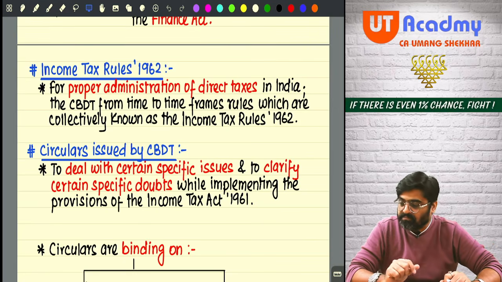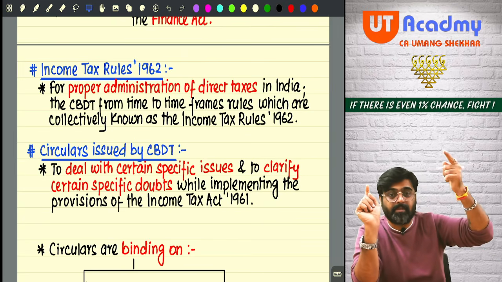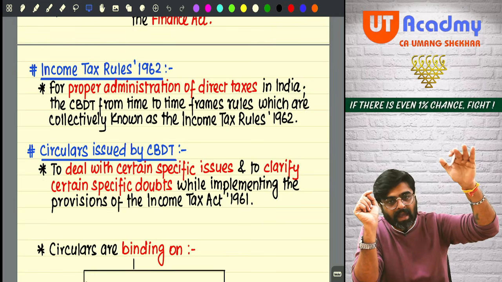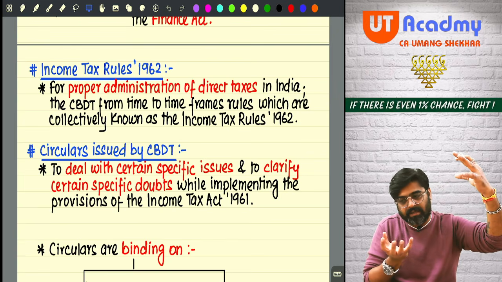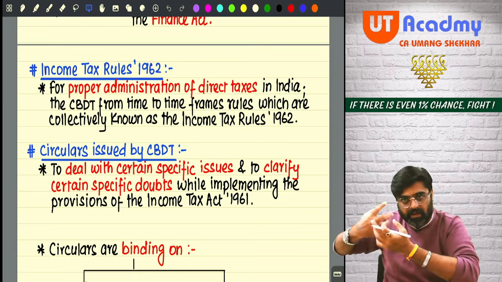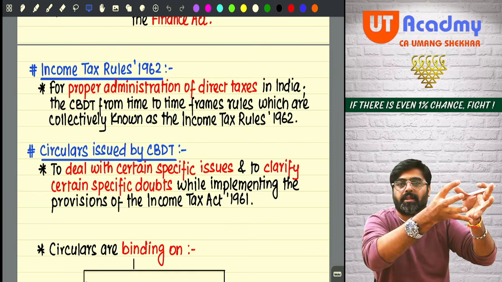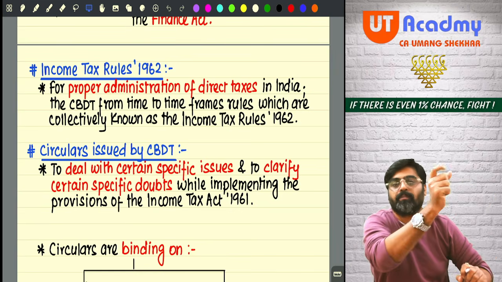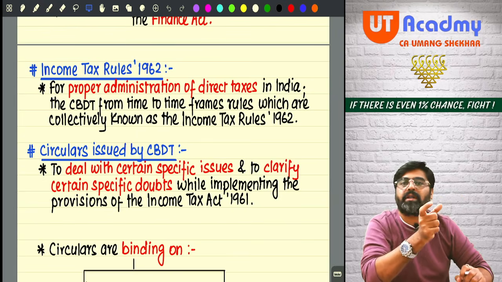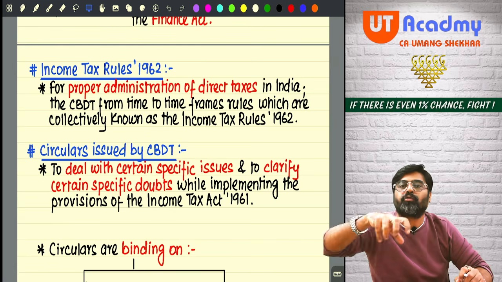For example, under the Income Tax Act, there is a provision under the PGBP head, business and profession. Under the business and profession head, all the business incomes are charged to tax. So whatever income you are earning from your business, you bring under the head PGBP. And from that income, you get the deduction of certain expenses.